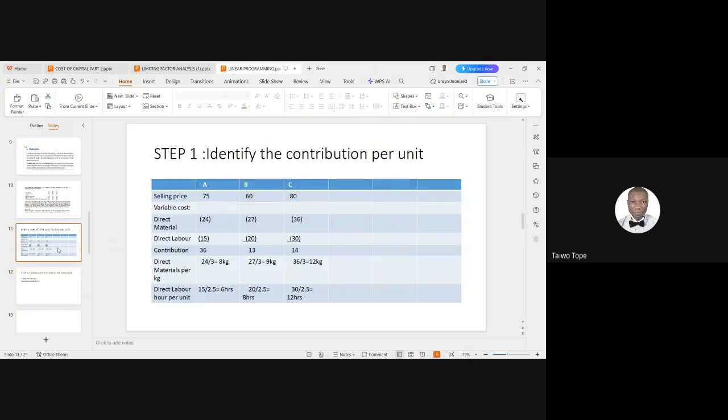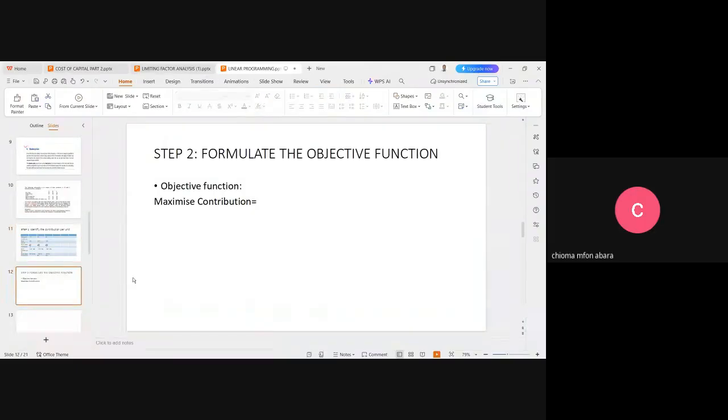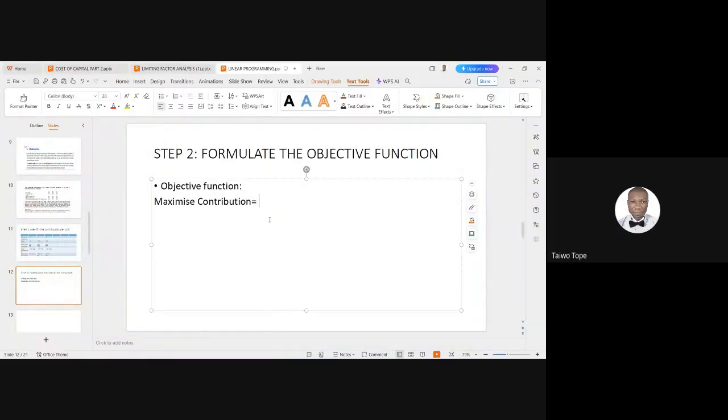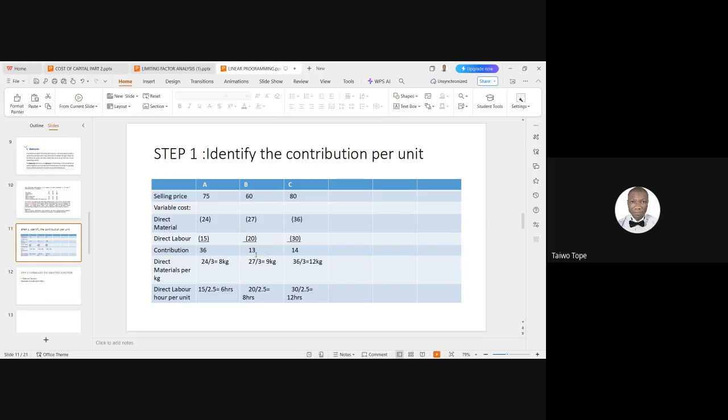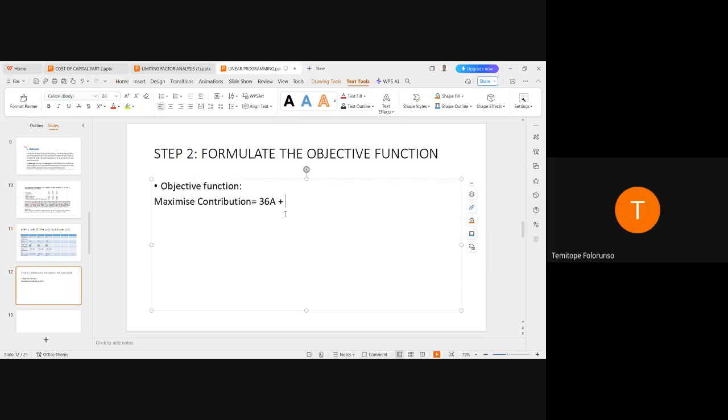For product A, your contribution is what? 36. So you express it this way: 36A plus, for B, 13B. And C, it will be 14C.